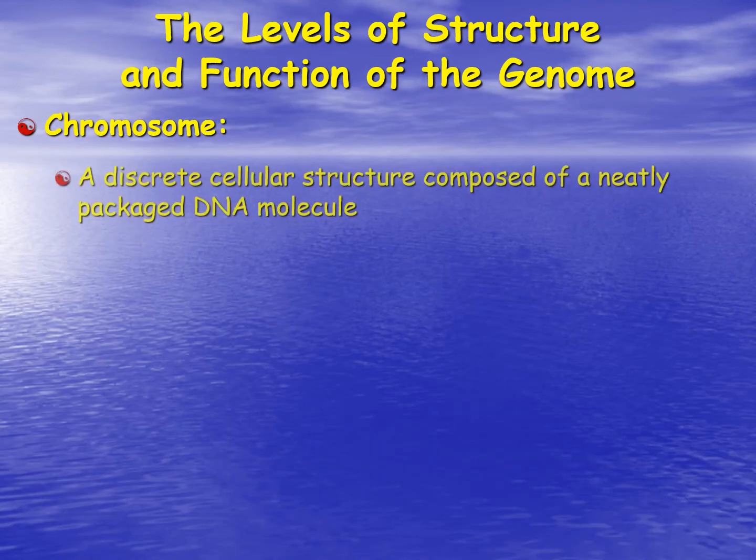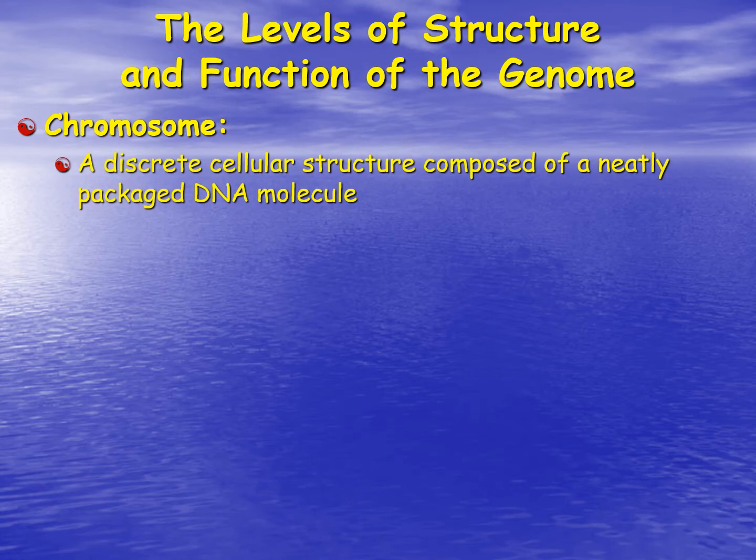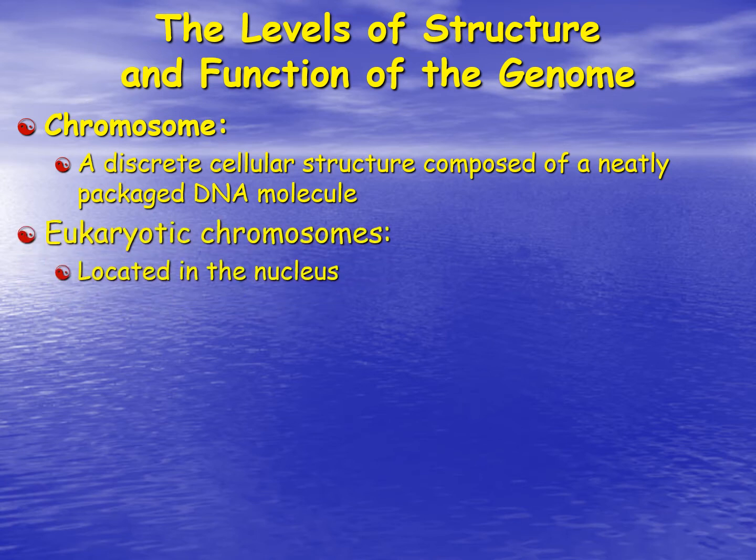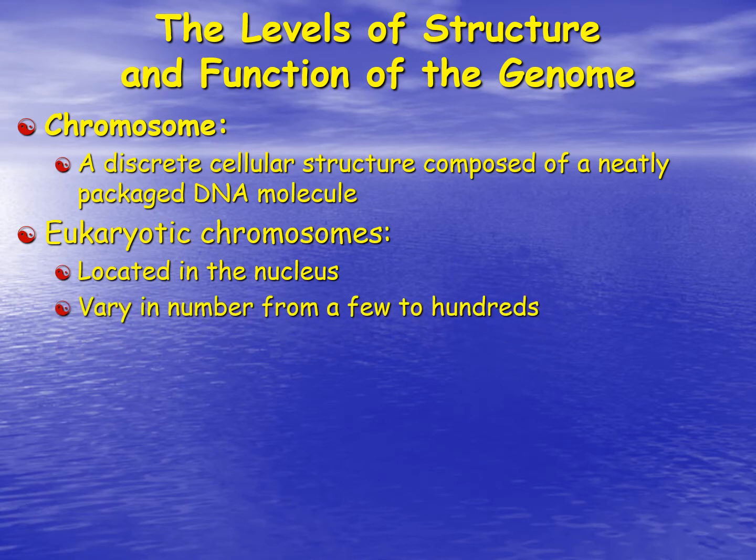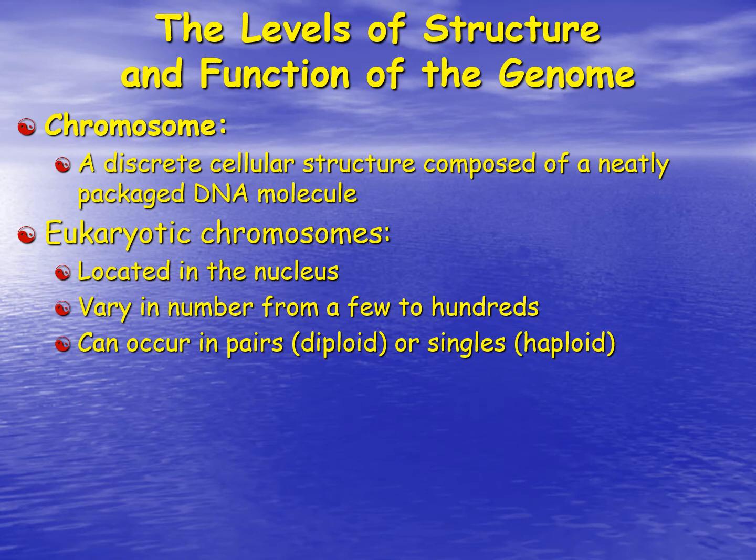The chromosome is a discrete cellular structure composed of a neatly packaged DNA molecule. Eukaryotic chromosomes are located primarily in the nucleus. They vary in number from a few to 100. They can occur in pairs, being diploid in number, or singles as in haploid.